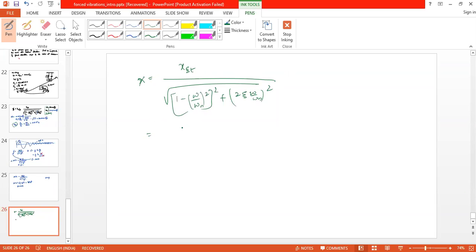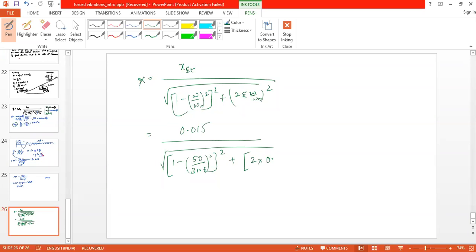So xst is 0.015 divided by root of 1 minus omega is 50 divided by omega n, which is 31.62, whole square plus 2 into zeta, 0.09, multiplied by 50 by 31.62 whole square.